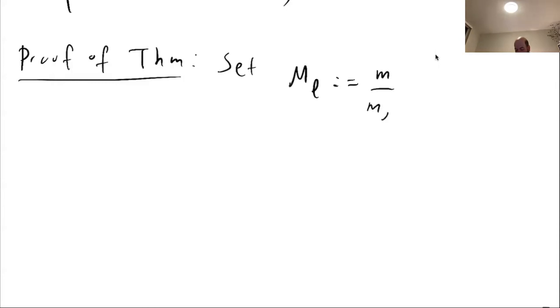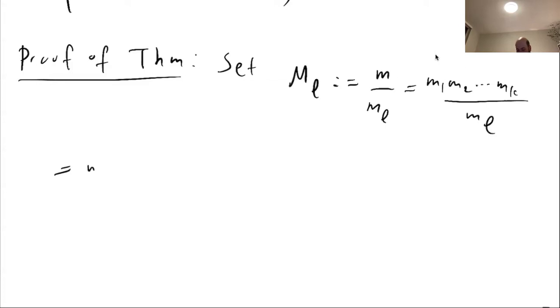Now I'm going to set a number defined as capital ML. So set capital ML as this number M, which if you remember was the product of all MIs, over ML. It's going to be M1 times M2 up to MK over ML.